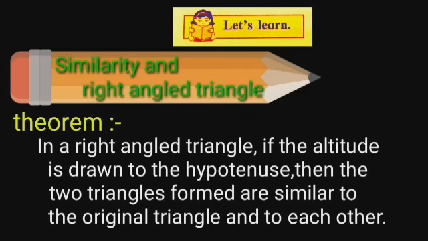Let us learn the similarity and right angle triangle theorem. In a right angle triangle, if the altitude is drawn to the hypotenuse, then the two triangles formed are similar to the original triangle and to each other.